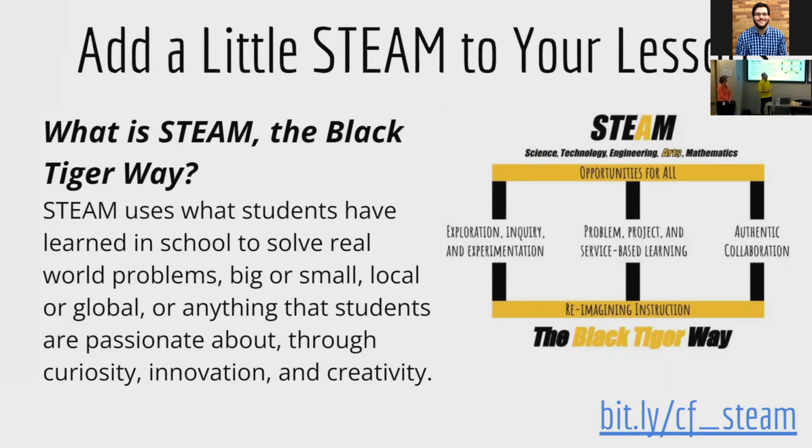When we talked to our teachers about it, it could be in one category, it could be in all 3: exploration, inquiry, and experimentation; problem, project, and service-based learning; and then authentic collaboration. And with those things to reimagine instruction. We don't have a STEM cohort, or we don't have a STEM class. We don't have a tech class. We try to integrate technology into everything. So we want to do the same thing with STEAM, and we're sort of just starting down that way.